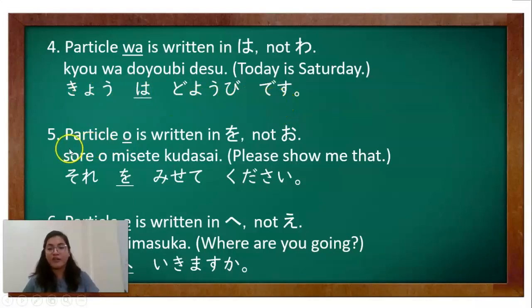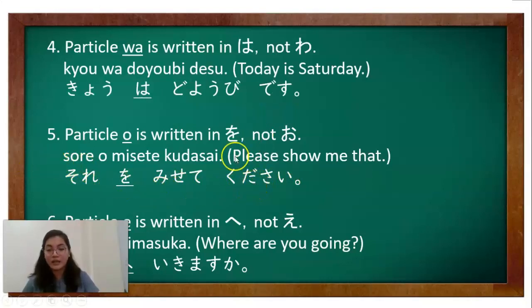Next, number 5, particle o. O is written in this form and not in the o as in the vowel. For example, sore o misete kudasai.